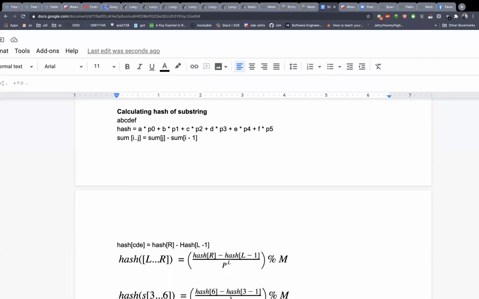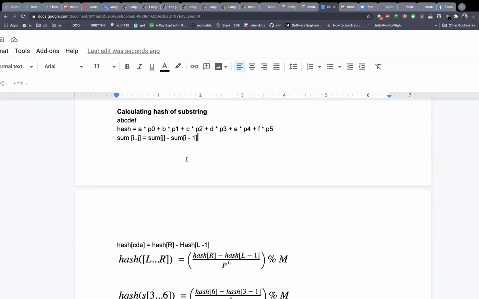Now the problem is that whenever we calculate the hash, we start with a power of P: first P raised to 0, then P raised to 1, then P raised to 2, right? But in this formula, even if we subtract the value, the power remains the same.